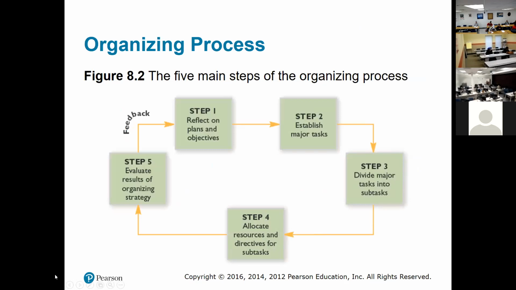A major task, divide those tasks into subtasks, allocate resources and directives for the subtask, and then again, evaluate your results. So everything should tie back into what your plans and objectives are, just like what we talked about in the last couple of chapters. And again, that last step is feedback so that you can make any adjustments from anything that you have learned along the way.